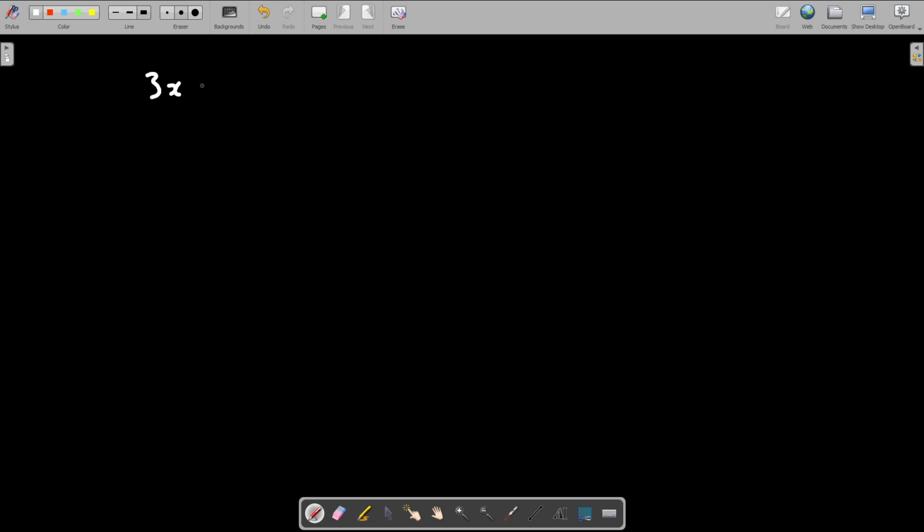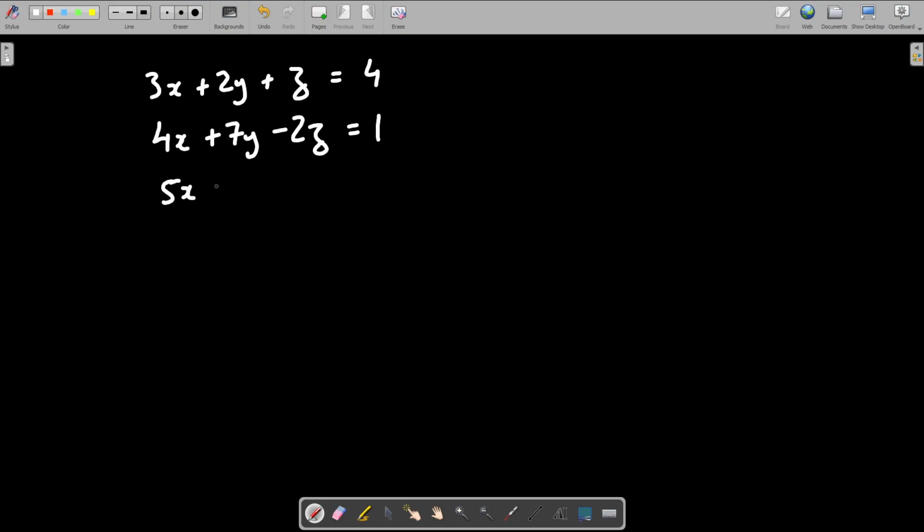I am given the equations 3x plus 2y plus z is equal to 4, and 4x plus 7y minus 2z is equal to 1, and 5x minus 2y plus 3z is equal to 3. So you have to solve this system here. I want to solve this using SciLab.